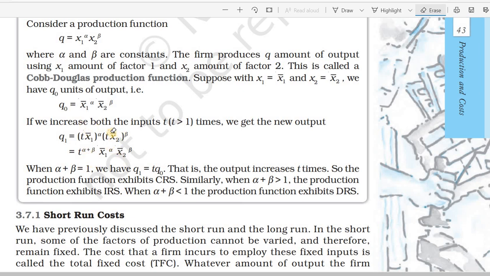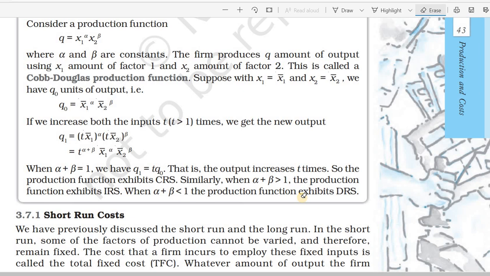Then we can take out t, giving t raised to alpha plus beta, times x1 dash alpha x2 dash beta. When alpha plus beta is 1, we have q1 equal to t q0, where t means t times. That is, the output increases t times, so the production function exhibits constant return to scale.